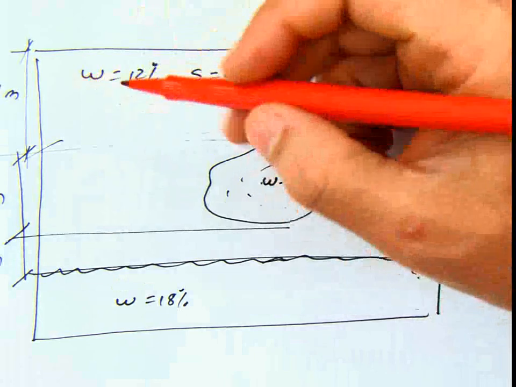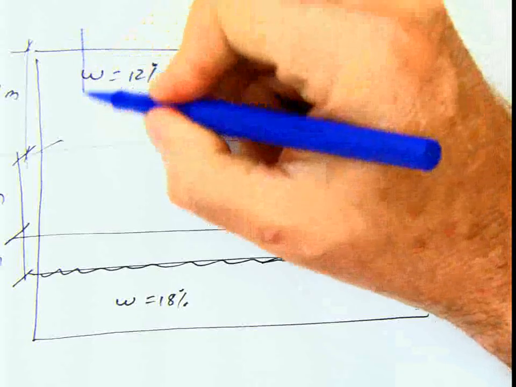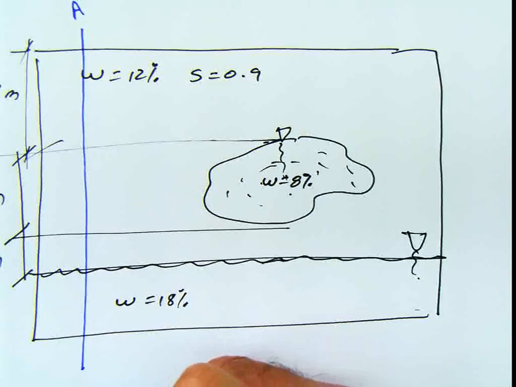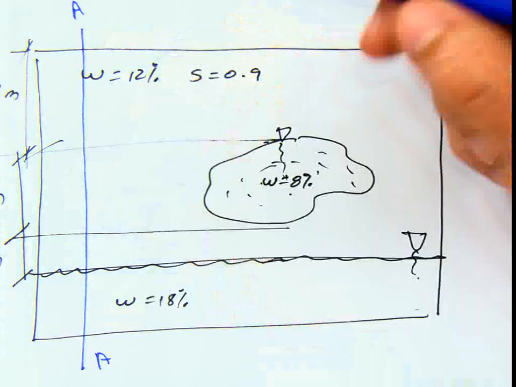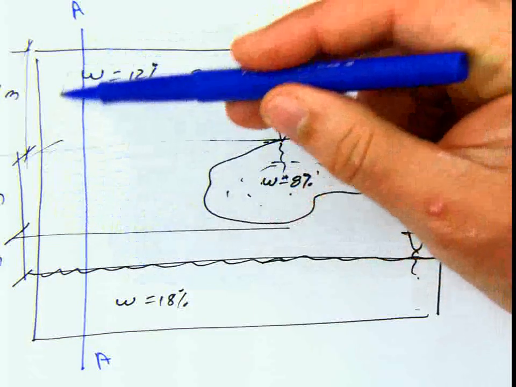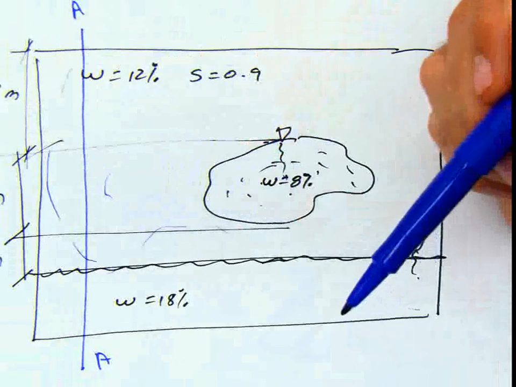But if you look at this first section that we have to analyze, it passes through this part. Let's say this is my section AA. If I have to study this section, look at this. This soil, everything in this part, is exactly the same.